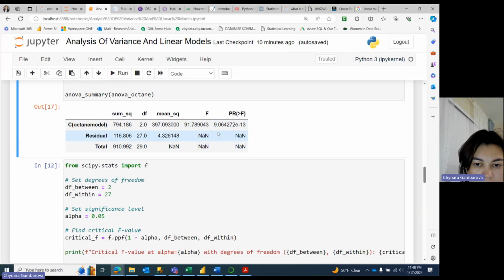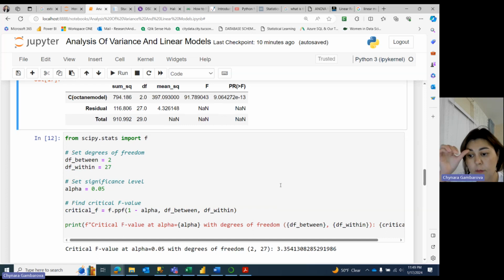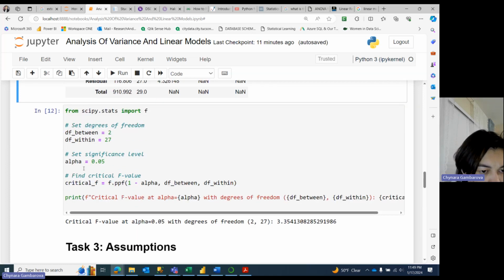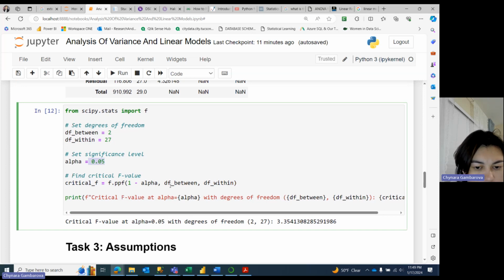So this is the F value, and we want to compare it to the F critical value. So to find the F critical value, again, I used Python. With the significance level of 0.05 and degrees of freedom between 2 and within 27, our F critical value is 3.35.